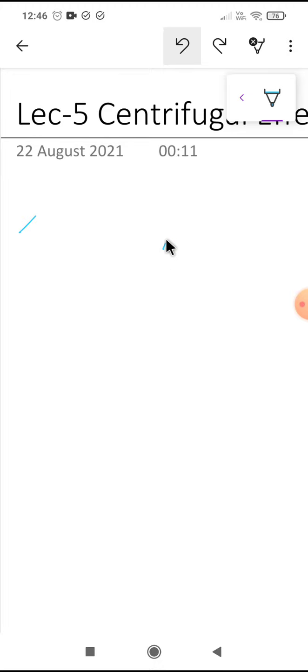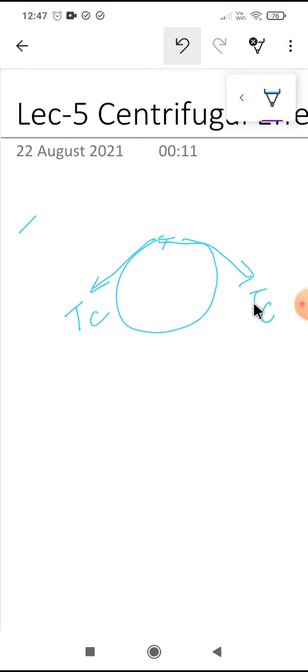So suppose this is our pulley and suppose this is the belt tension on both the sides, that is centrifugal tension, the tension due to centrifugal effect on both the sides.